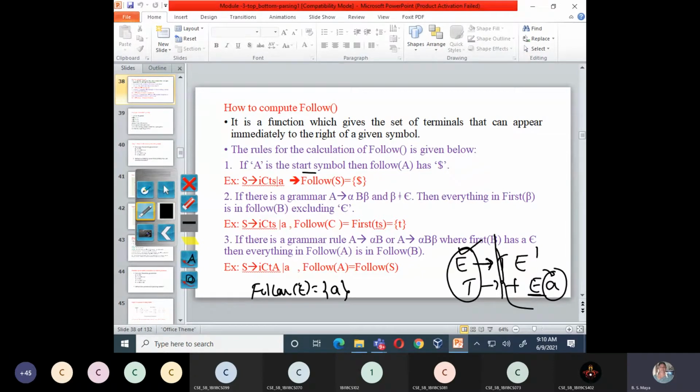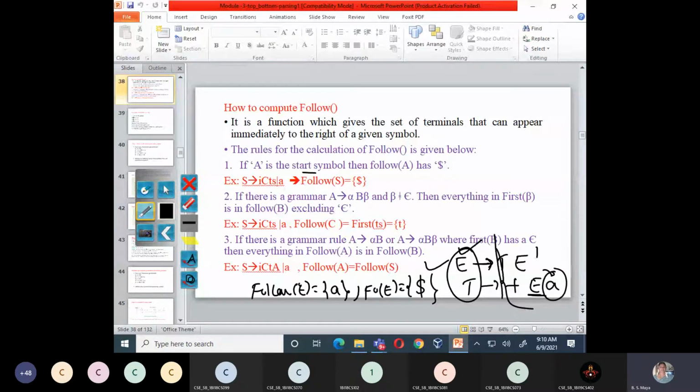See, if I have a grammar with E derives T E dash, T derives plus E, then the start symbol in my grammar is E. Follow of E, since it is the start symbol, you must always write, as rule number one, that you insert dollar into the follow set.